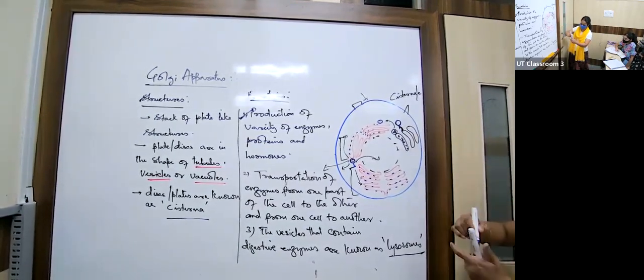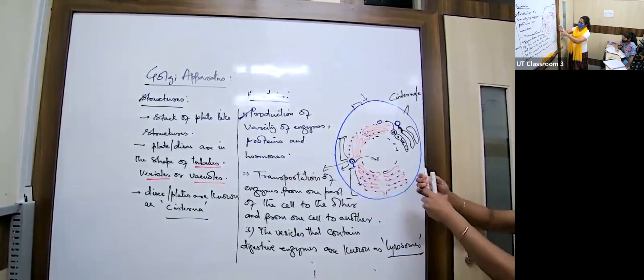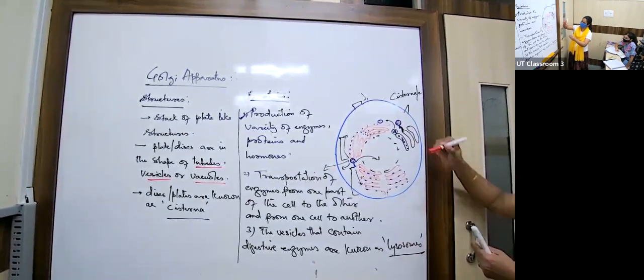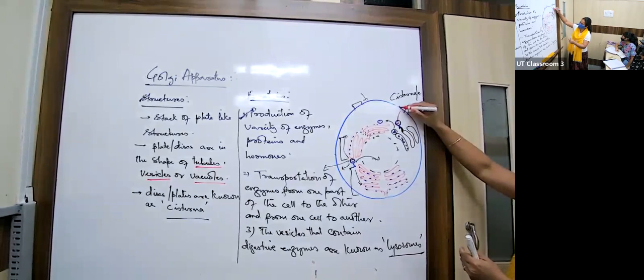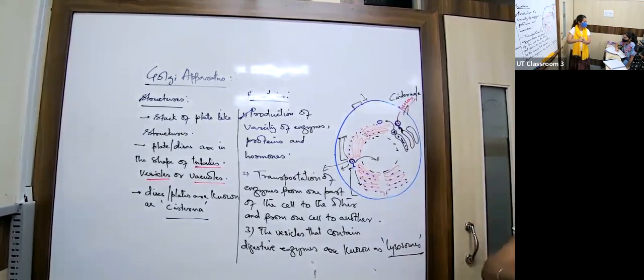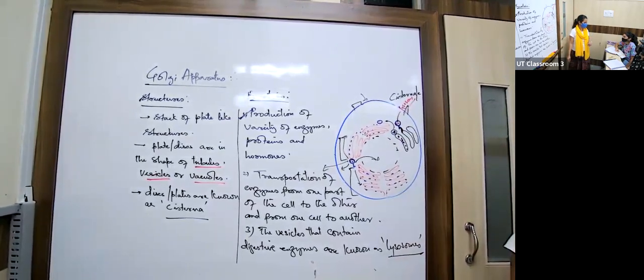but certain type of packets ऐसे भी बन रहा है जहां पे specialized type of enzymes है, and ये जो specialized type of enzymes है, इसको हम बोल सकते हैं lysosomes. क्यों? Why these are special types of packets? Why they are not the same like the others?